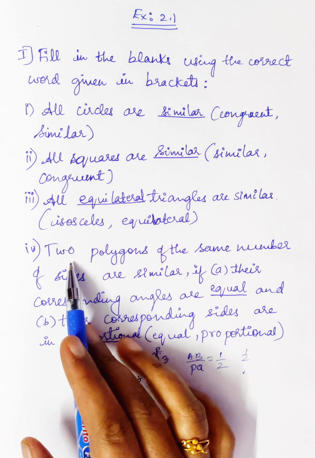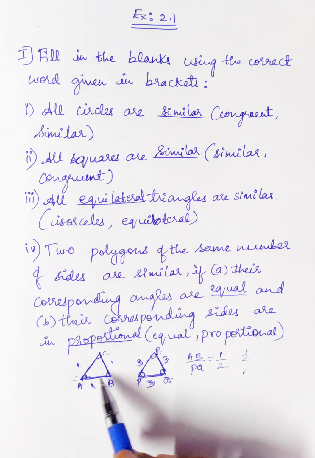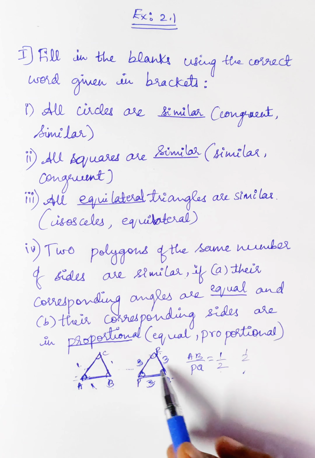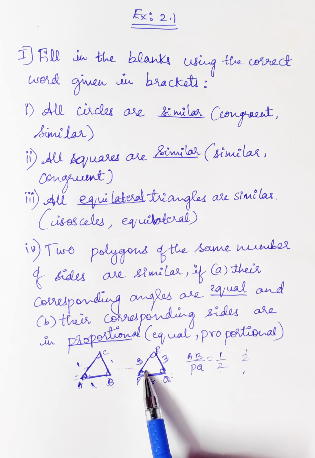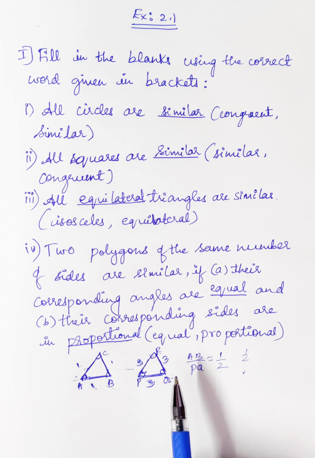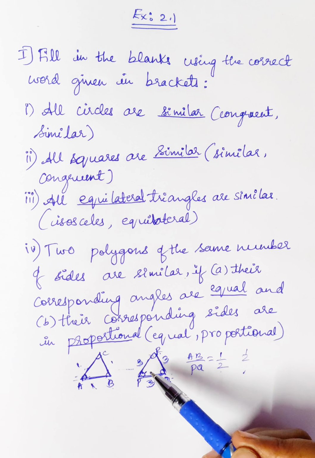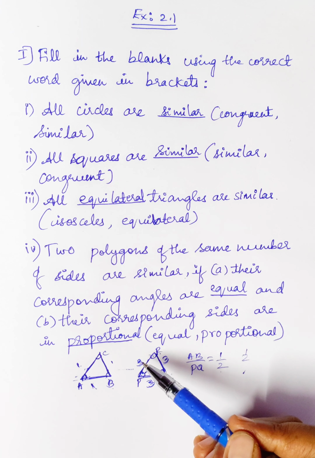So two polygons are said to be similar if their corresponding angles are equal and they have the same proportion. Is this clear to you? This part I am going to explain further in the next video.